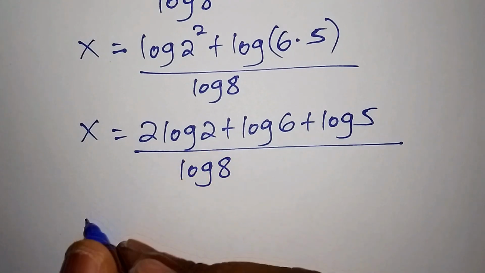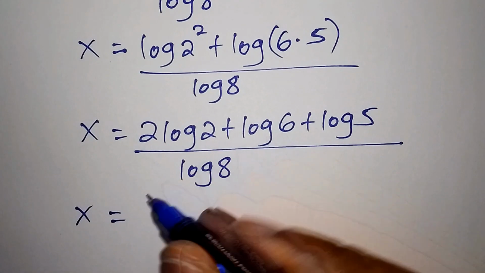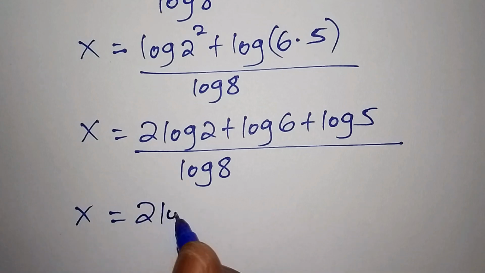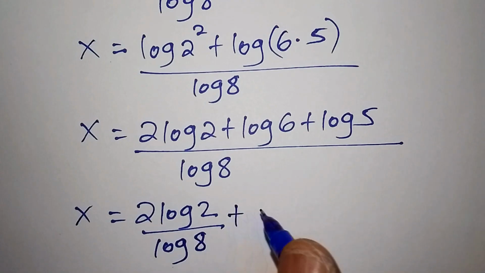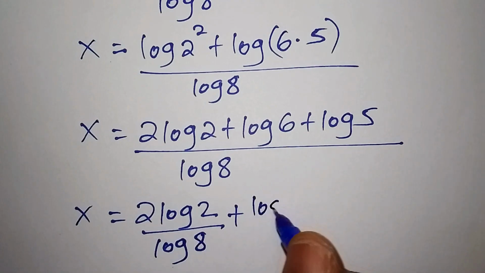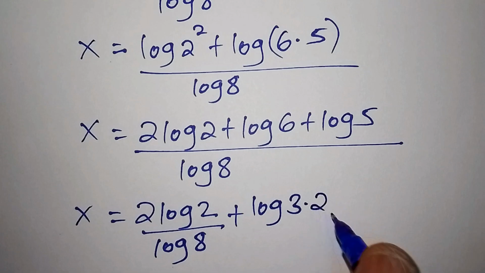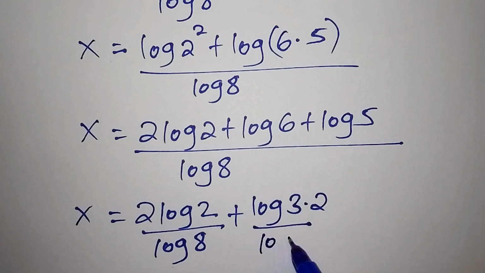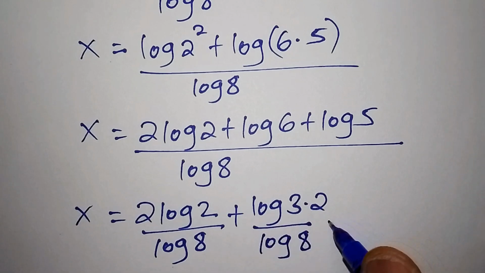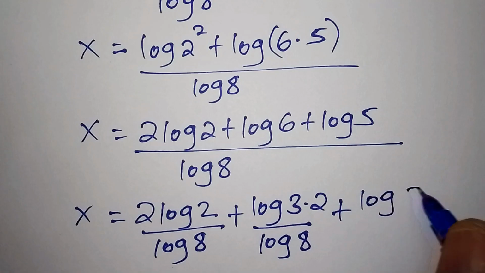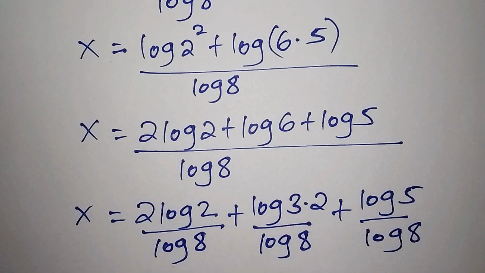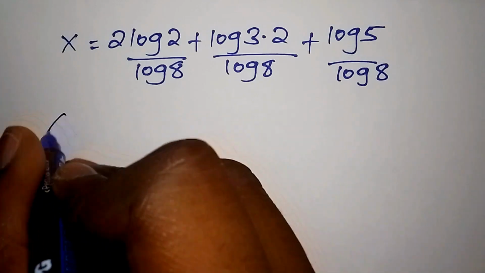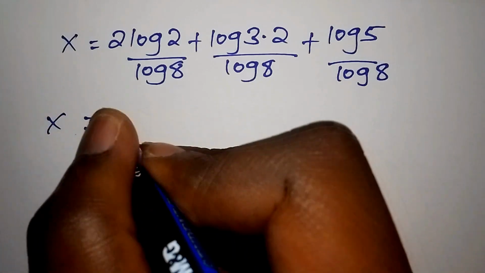Here the value for x is equal to 2 times the log of 2 all over the log of 8, plus, log 6 can be written as the log of 3 multiplied by 2, all over the log of 8, plus the log of 5 all over the log of 8.